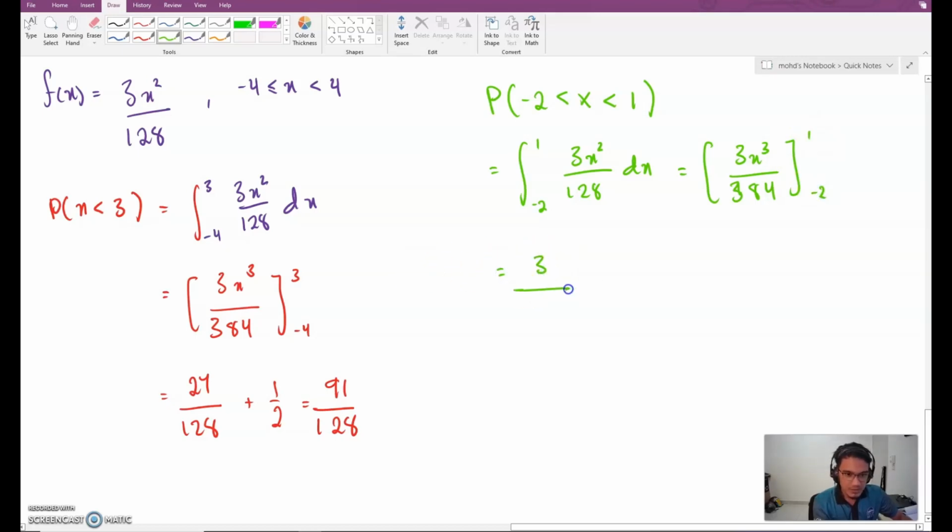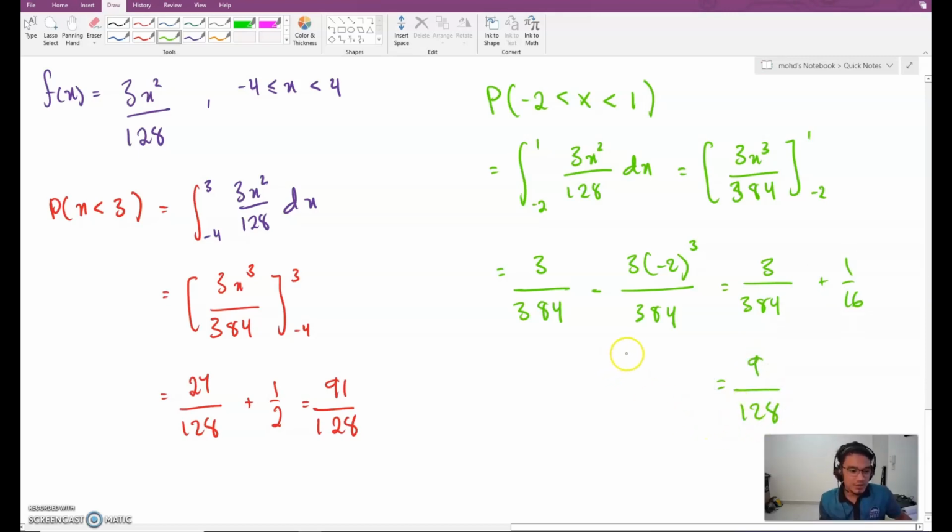So we have 3 over 384 minus 3 times negative 2 to the power of 3 over 384, equal to 27 over 384, which is 9 over 128. So that is the probability for the region between negative 2 and 1.